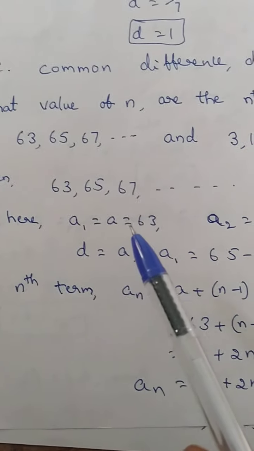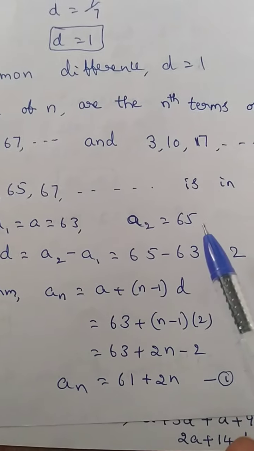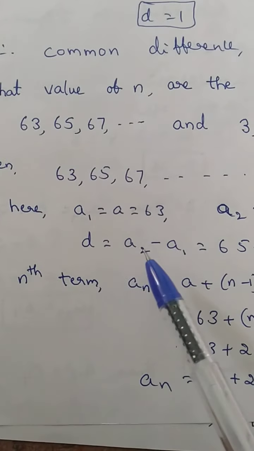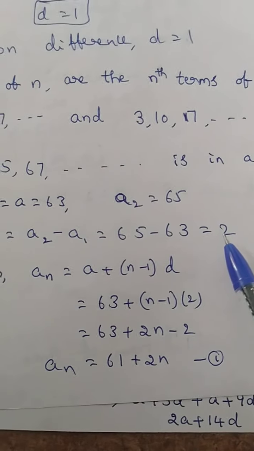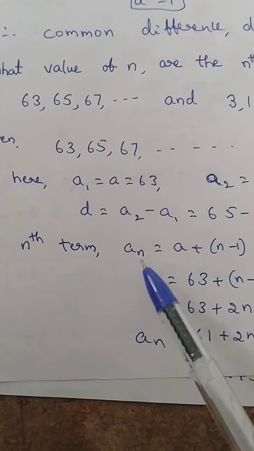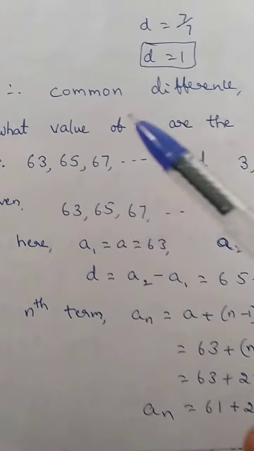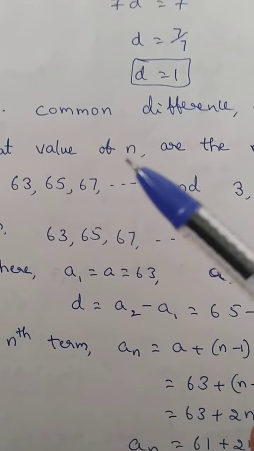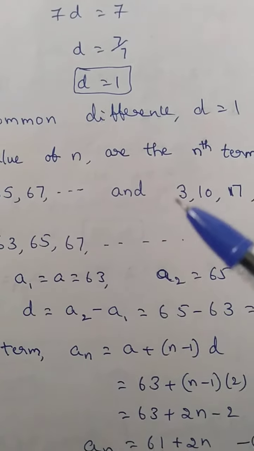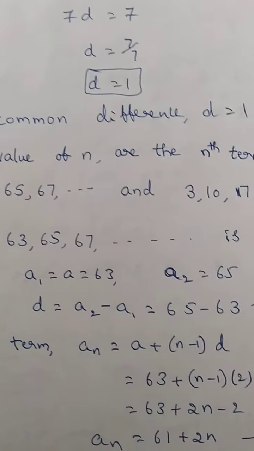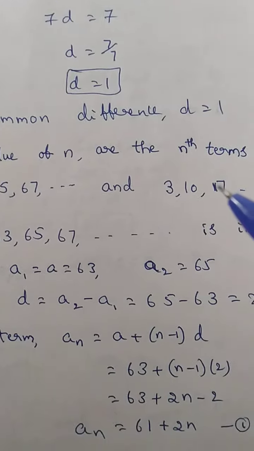Here a1, a, is equal to 63, a2 is equal to 65. Then d is equal to a2 minus a1, 65 minus 63 is equal to 2. First of all, we can assume that in both arithmetic progressions, the nth terms are equal.